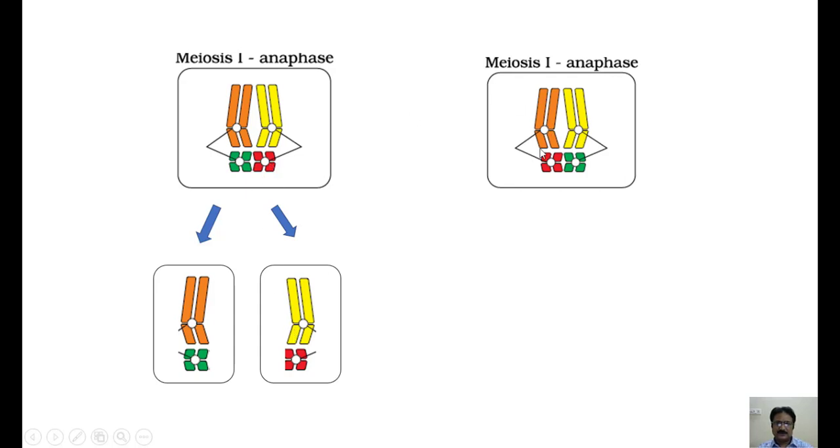In the other part, there is another possibility, since the chromosomes are also independent to move. It is not necessary that the orange will always go with the green. It may so happen that the orange and the red go to this pole and the yellow and the green go to this pole.